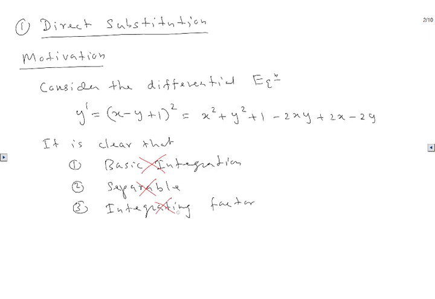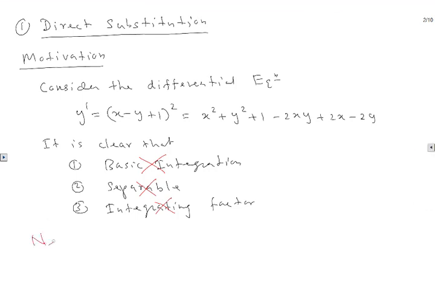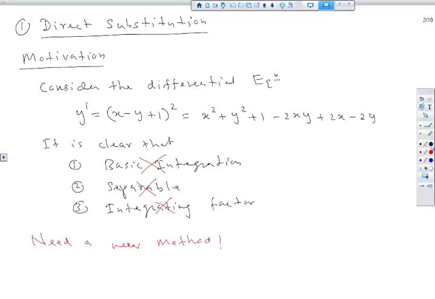So that means we need a new technique, a new method. This new method is what we call the direct substitution. So let's look at the idea.